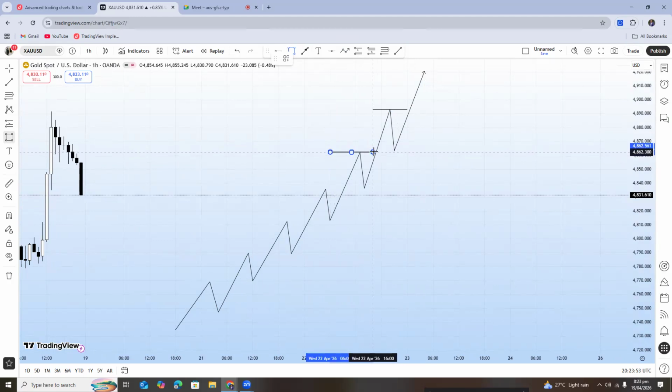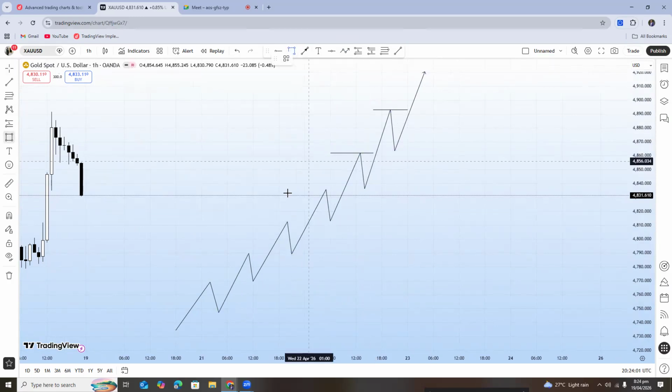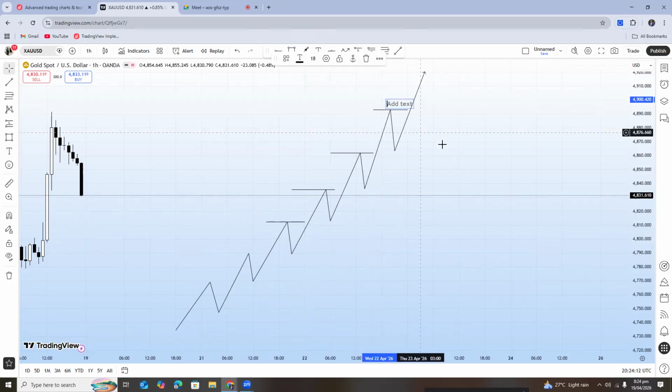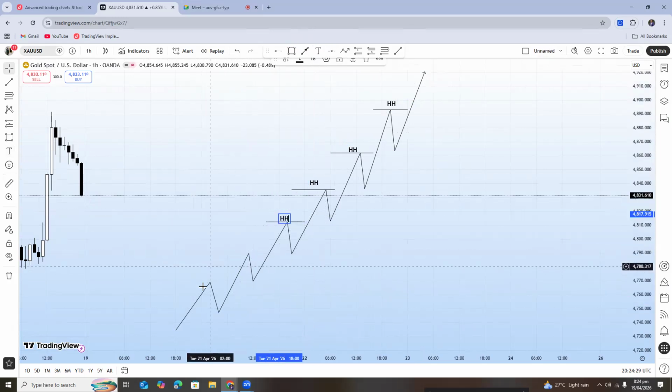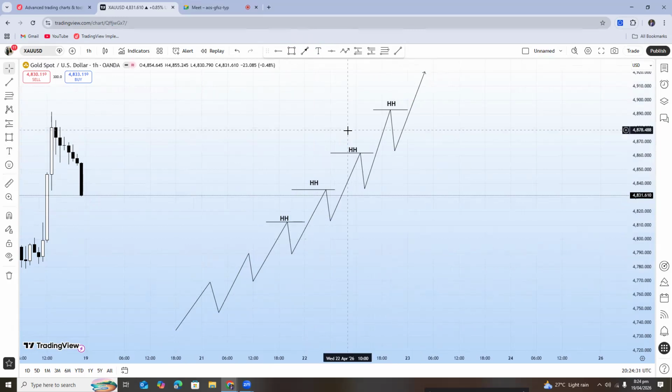The ones that I'm marking are called higher highs. Okay, so I want to write higher highs. That's how we denote them. Higher highs, higher high, higher high. All of these are also higher highs, but for the sake of time, I will leave it here.